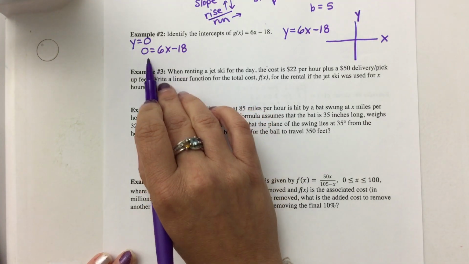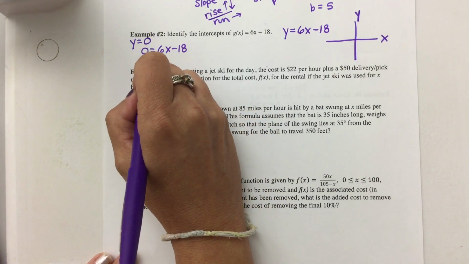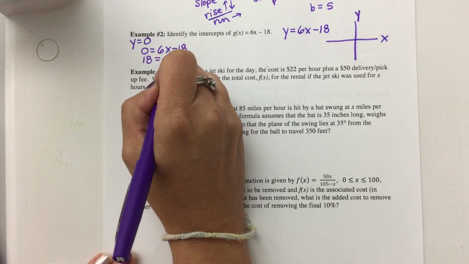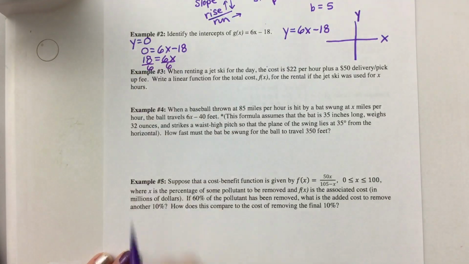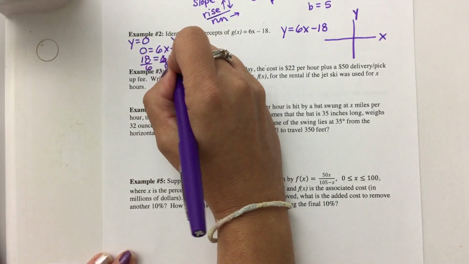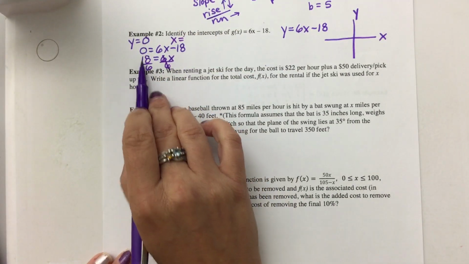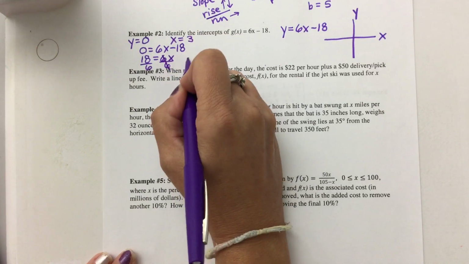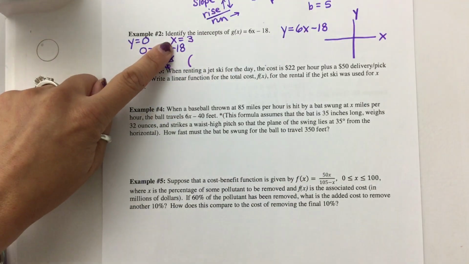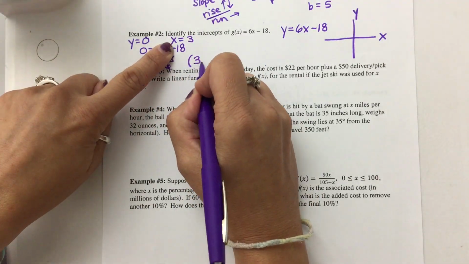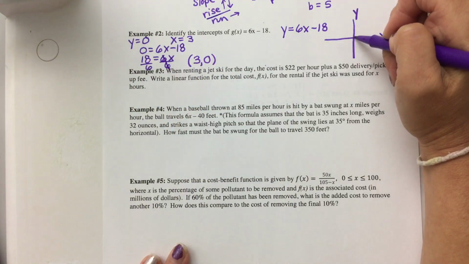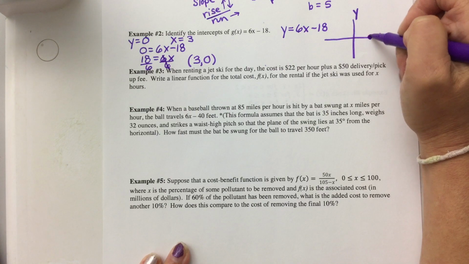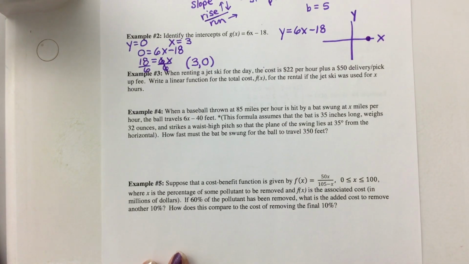So if I add 18 to the other side, I would have 18 equals 6x. To solve for x, I need to divide by 6. So x equals 18 divided by 6 is 3. So my intercept as an ordered pair, the x value is a 3 when the y value is a 0. So that means I go to the right 1, 2, 3, don't go up or down. That is called your x-intercept.